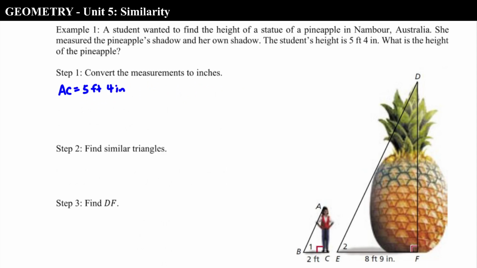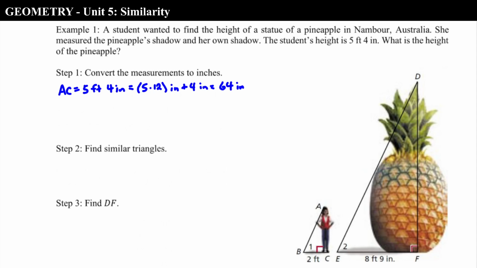That is the height of the person. We're going to convert that to inches only, so we're only working in one unit. There's 12 inches in a foot, so 5 times 12 plus the 4 additional inches gives us 64 inches in total.